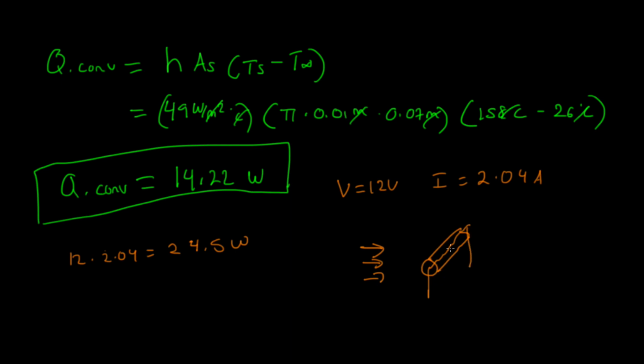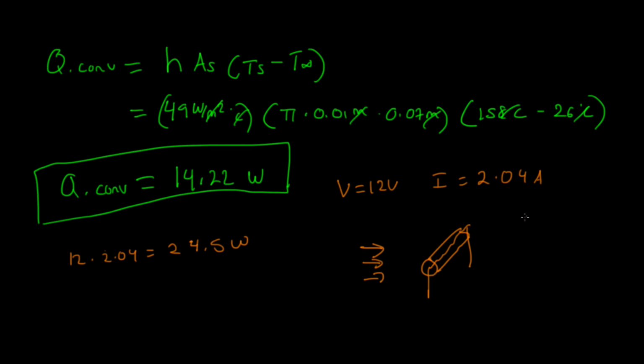Now, this is really hot, 158 degrees, and the air is at 26 degrees room temperature. And the air is flowing over the cylinder, so the heat should be being transferred over to the air. But it's not. Only 14.22 watts are being transferred over to the air. So what happened to my other 10 watts?